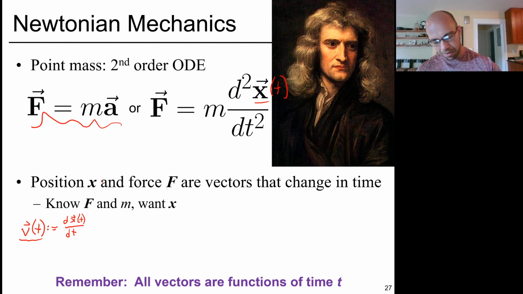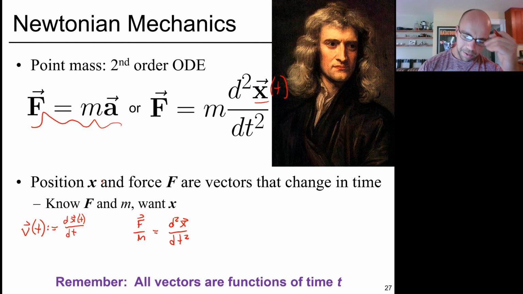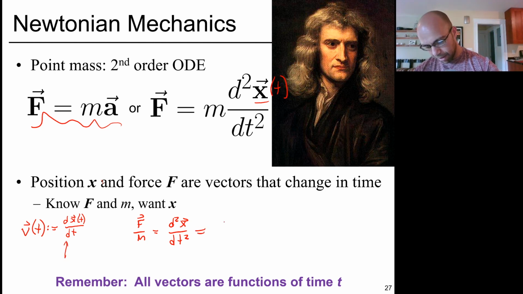So what can we do? Well, we know that v is dx dt, just by definition. But now, what do we know about Newton's law? Well, we know that maybe I take f over m, right? So that's d squared x over dt squared. But we know that dx dt is v, so really this is dv dt.